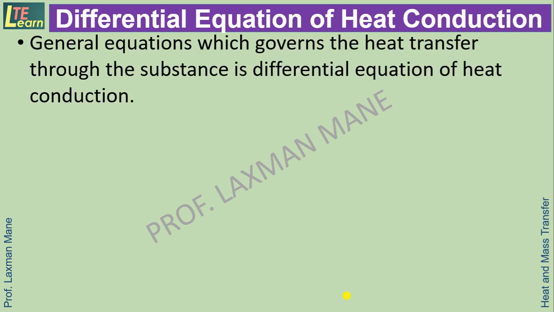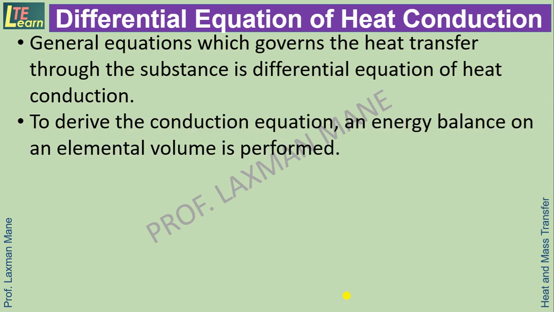The general equation which governs the heat transfer through a substance is the differential equation of heat conduction. To derive the conduction equation, an energy balance on an elemental volume is performed.